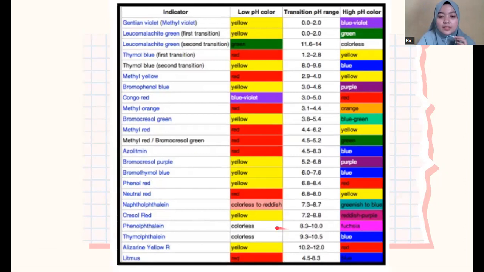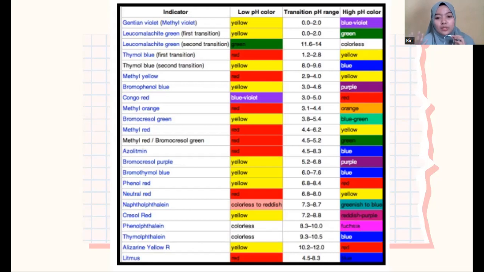When the color is colorless, the pH is below 8.3. And when the color is fuchsia, it means the pH is above 10. Using that information, we can also use several indicators at the same time.